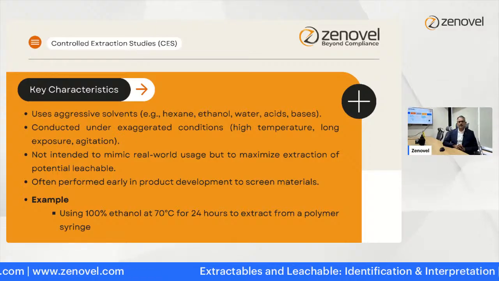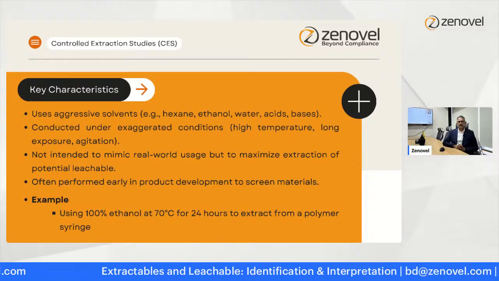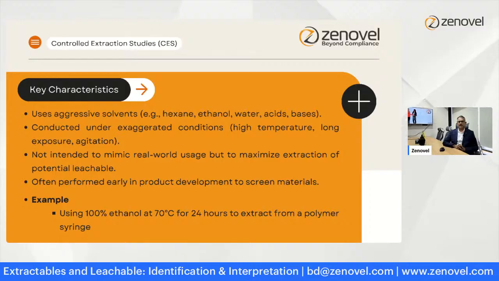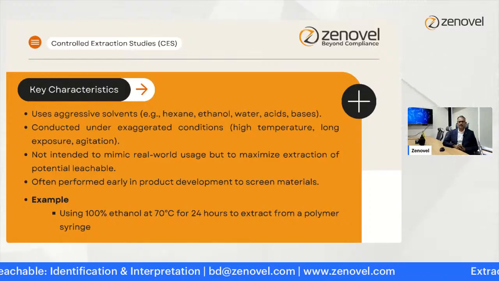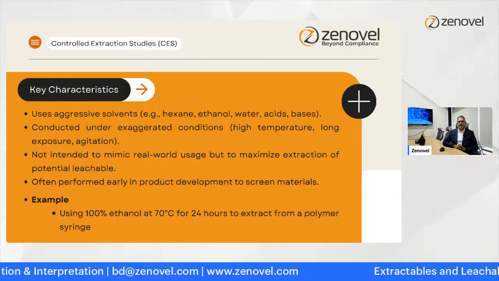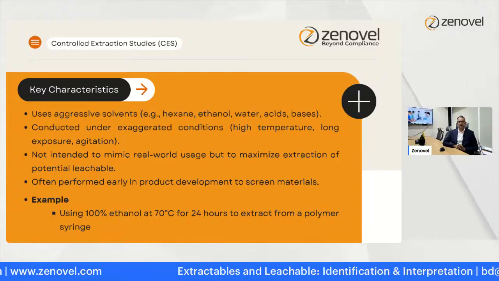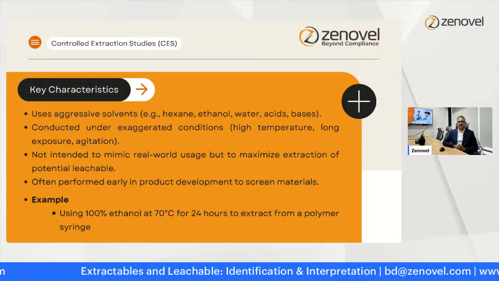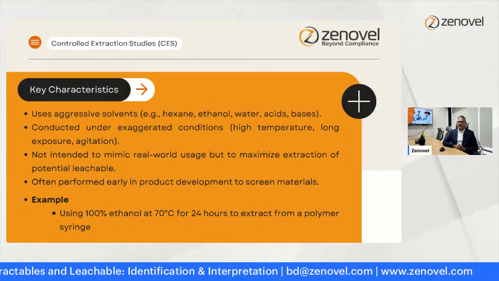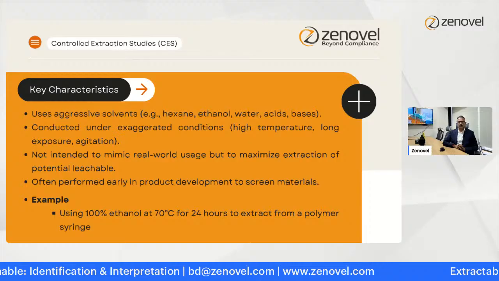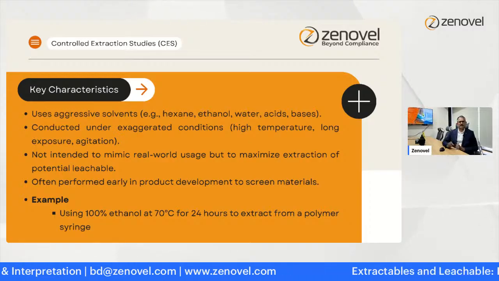Not intended to mimic real-world use but to maximize extraction of potential leachables. Often performed early in product development to screen materials. Example: using 100% ethanol at 70 degrees centigrade for 24 hours to extract from a polymer syringe.